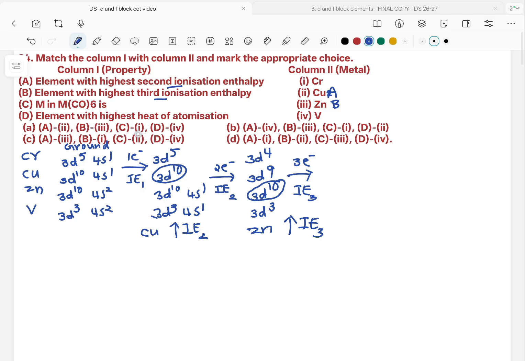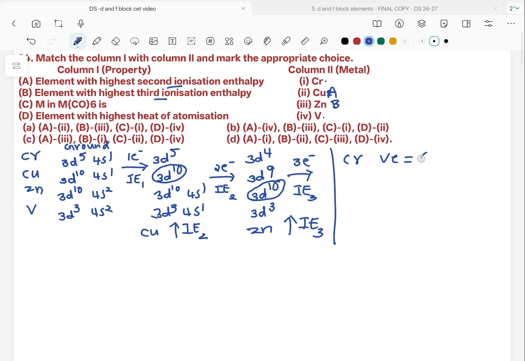Let us check with the remaining options also. Here M in M(CO)6 is any one of these, chromium or vanadium should be the answer. Here chromium has 6 valence electrons.